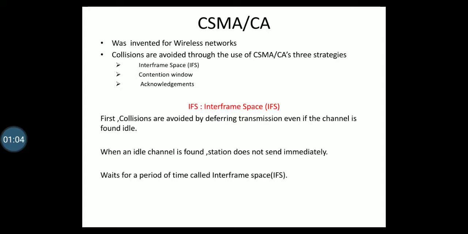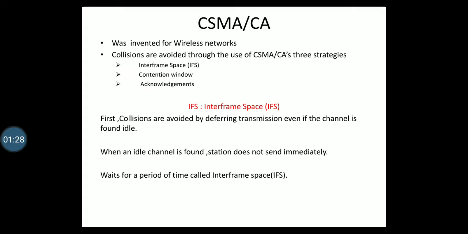First, collisions are avoided by deferring transmission even if the channel is found idle. The station does not send immediately when an idle channel is found. Rather, it waits for a period of time called interframe space or IFS.